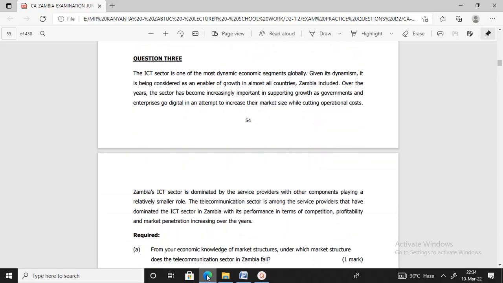Zambia ICT sector is dominated by the service providers, with other components playing a relatively smaller role. The telecommunication sector is among the service providers that have dominated the ICT sector in Zambia, with its performance in terms of competition, profitability, and market penetration increasing over the years.